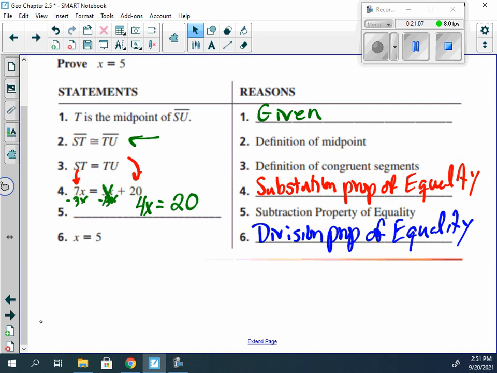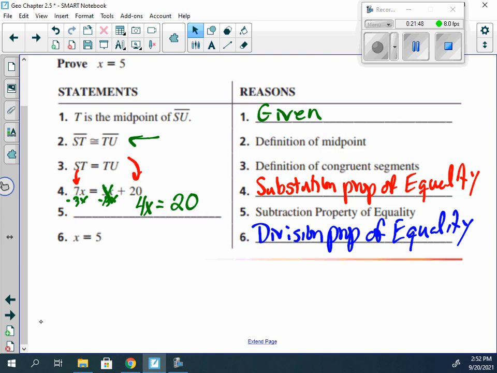Division property of equality. Now, on the test, most of the test is going to be like this for these proofs. For the geometric proofs, I'm going to have them partway filled out. You have to fill in the rest. The algebra-based proofs that we did Friday, you'll remember doing those starting out with like 2x plus 7 equals 8x minus 10 and stepped it all the way out. Those will be completely blank, because I feel that you all are comfortable doing that. And I want to leave it to where you can solve it whichever way you want to do it.